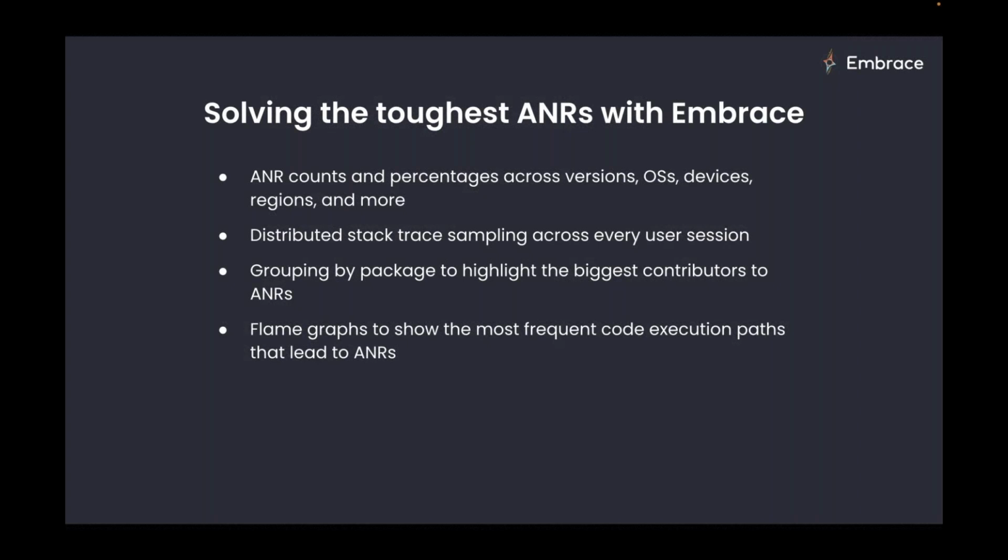So instead of just getting one stack trace from an ANR, we perform distributed stack trace sampling, which is what that flame graph shows you, and effectively shows you how slow each method is. So the larger a method is in a flame graph, the more likely it is to be impacting your application's performance and contributing to an ANR. And the more likely it is you want to go and investigate that particular method.